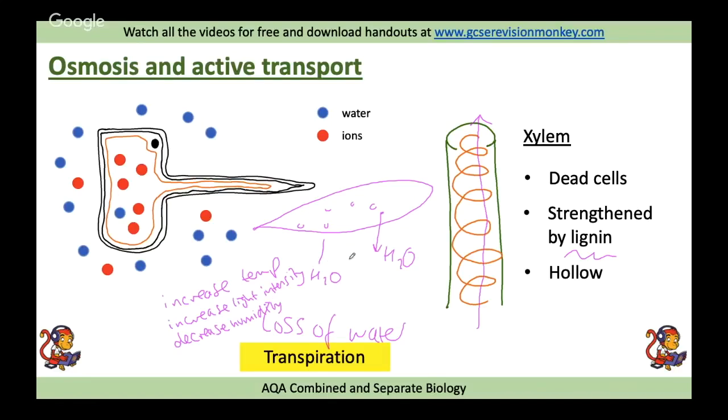Okay, humidity is all about the water in the air. If you're low humidity, you're going to have a bigger difference between the concentration of water in the leaf to outside. So you're going to have lots of water leaving. And if you increase the airflow, a little bit like the blood in the fish taking away the oxygen, increased airflow would take away the particles from underneath the leaf, again maintaining the concentration gradient.